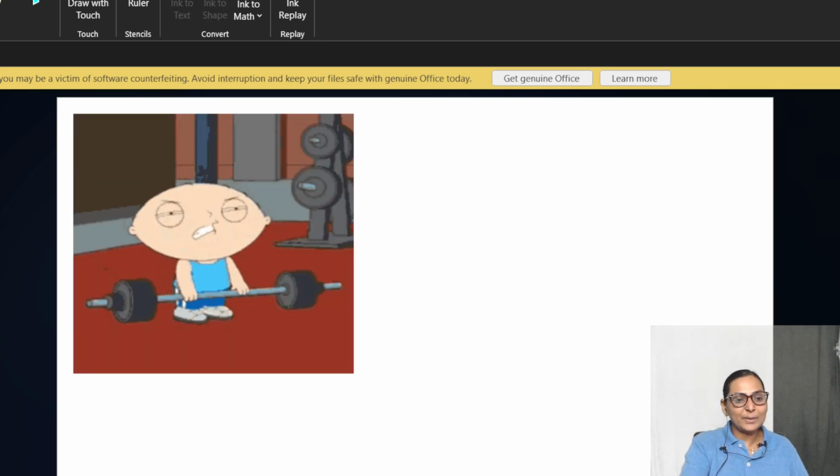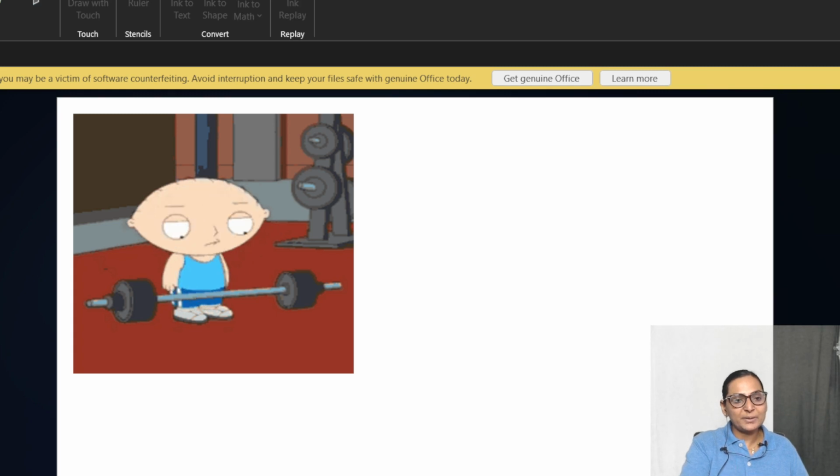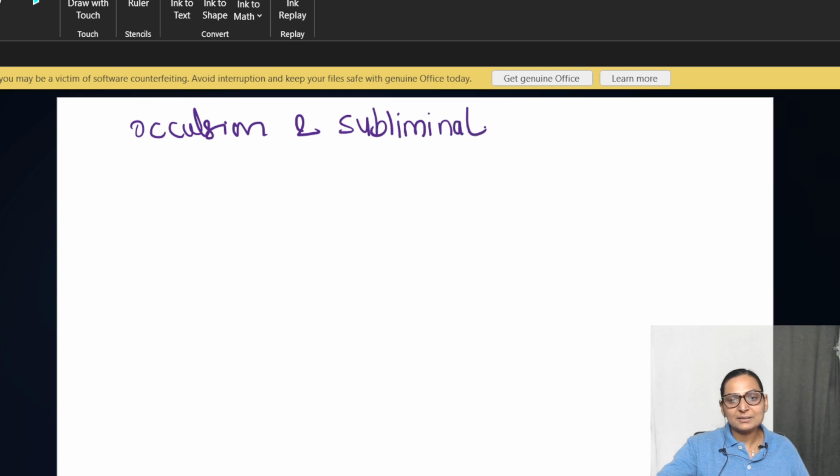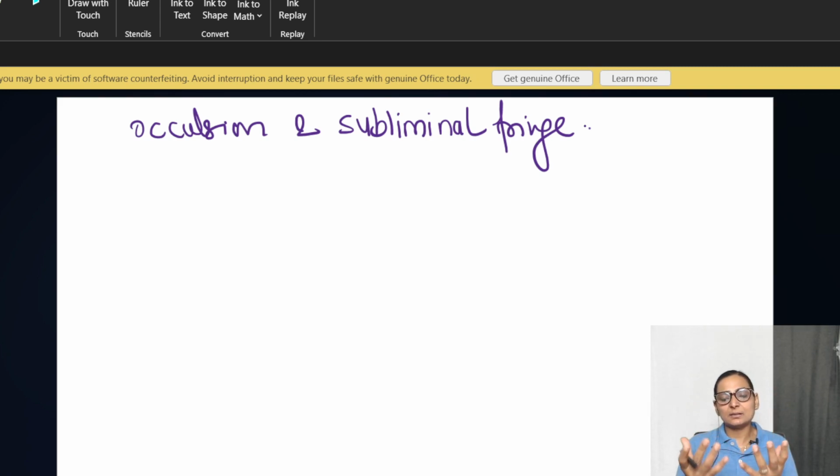Let's get very clear with another property that is called occlusion and subliminal fringe. Now, one thing you should understand very nicely is that the brain is a complex neural circuitry.